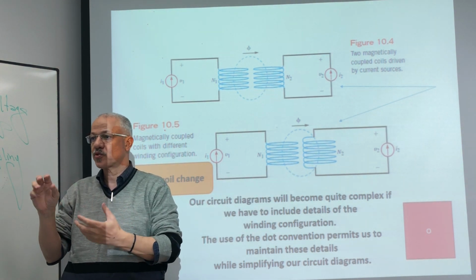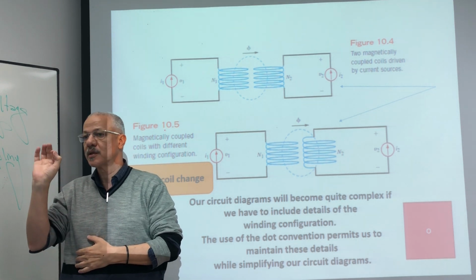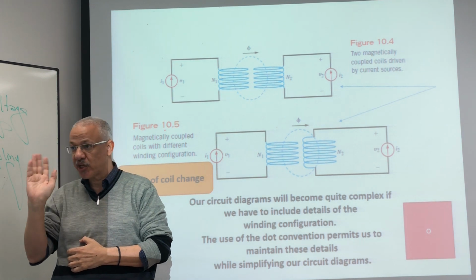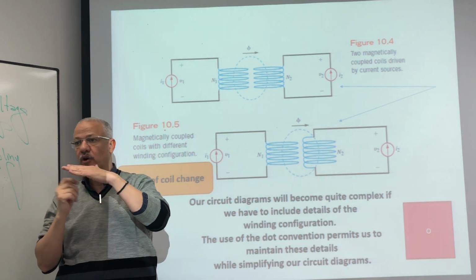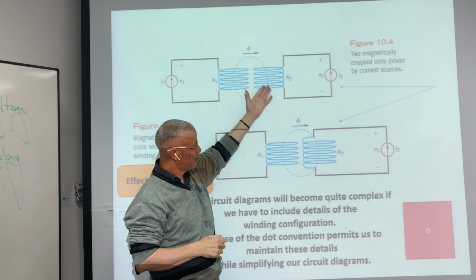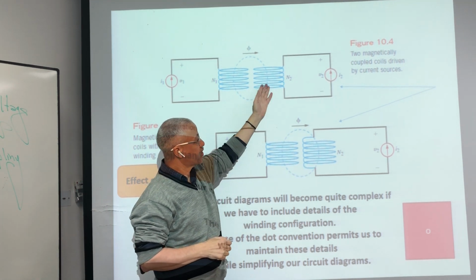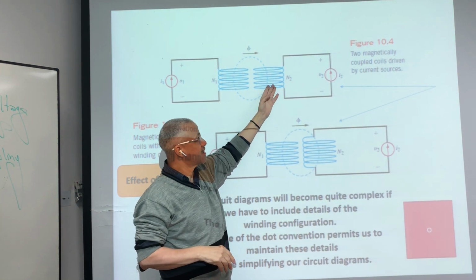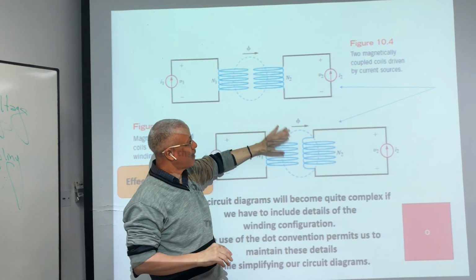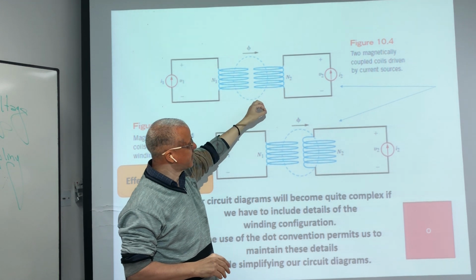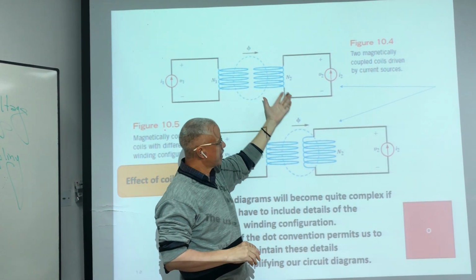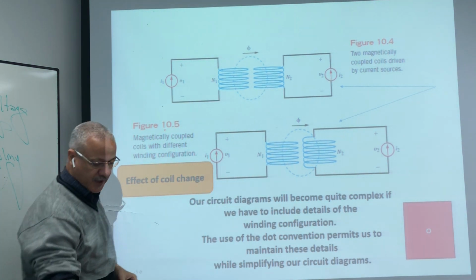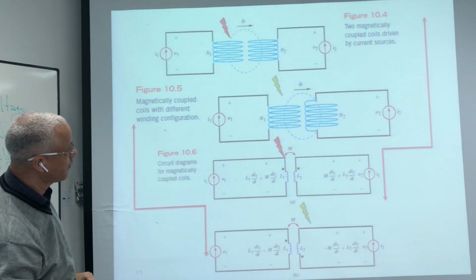To recognize this configuration, we have to put a dot. The dot is an indication of the direction of the coil. Maybe in this direction, maybe in this direction. If we change this direction, the flux will change. If we keep it like this one, the flux is the same. So we can put some kind of indication, a dot, to indicate the configuration or the structure of the winding.